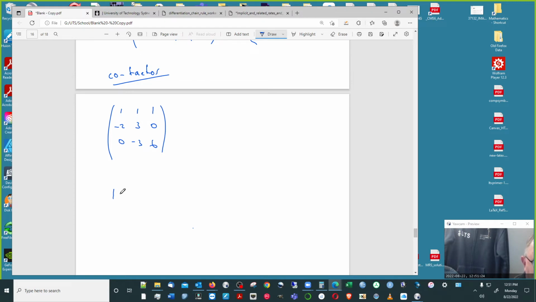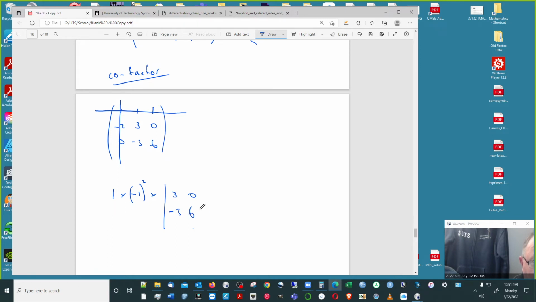This time for the determinant, what we would have is 1 times minus 1 to the power 1 plus 1 is 2 times this guy here, 3, 0, minus 3, 6.